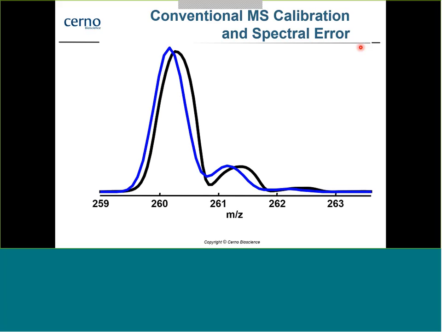And it's a function of the tune, it's a function of the type of instrument. And if we could somehow correct these errors so that we could make the mass spectrometer calibrated to a known line shape, we could fit these curves very precisely. And this would give us the ability to get the isotope patterns underneath very accurately, and we term this spectral accuracy, our ability to match a true calculated mass spectrum with a measured mass spectrum.